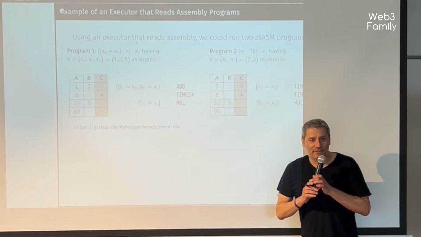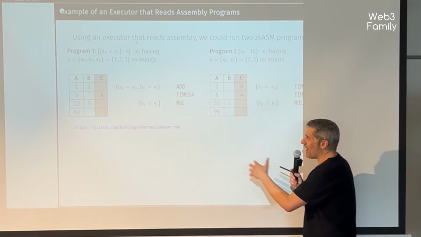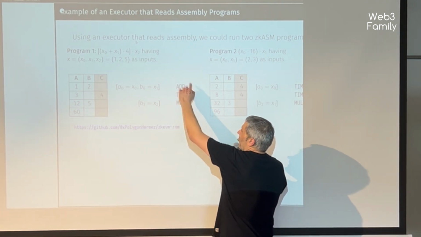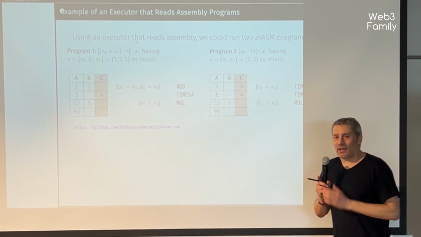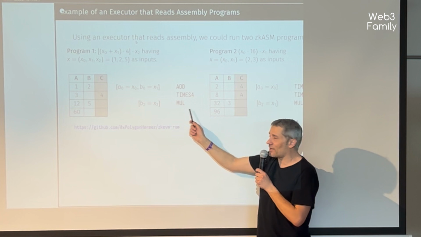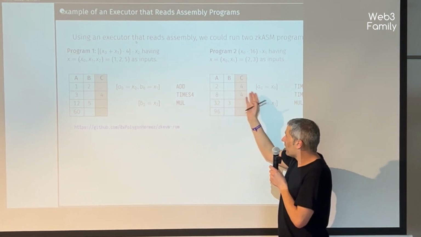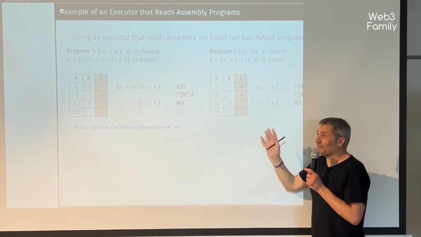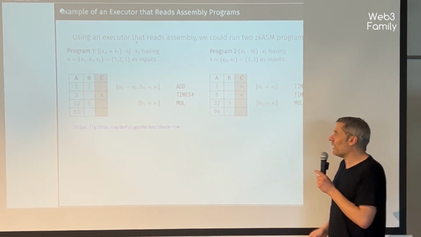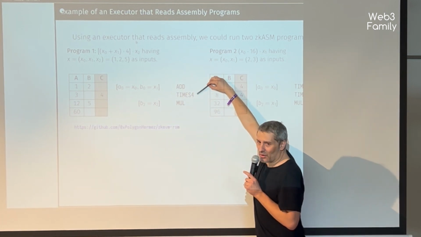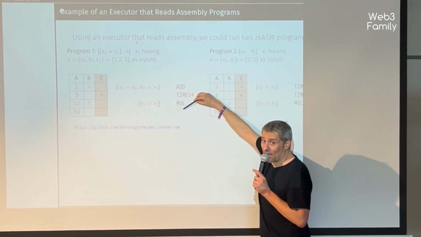The idea is that if you have an executor that is able to read these instructions, and it has the rule that each instruction needs to fulfill with the cells of the execution trace, then you can build an executor that is general purpose. It will read some instructions, assembly code. We call this the zk assembly.